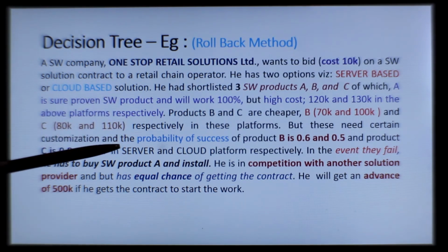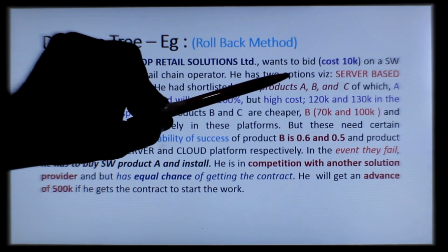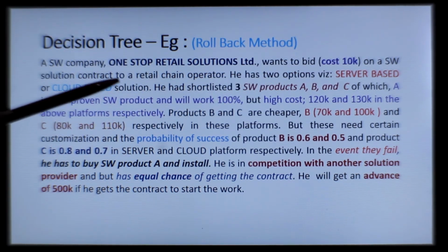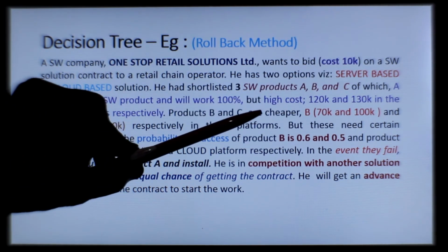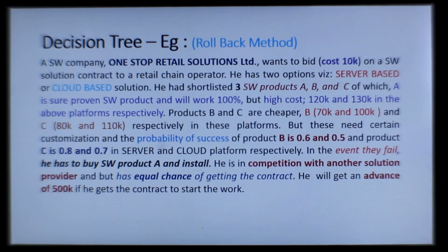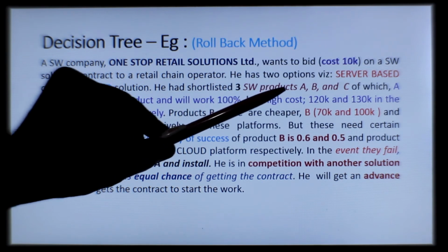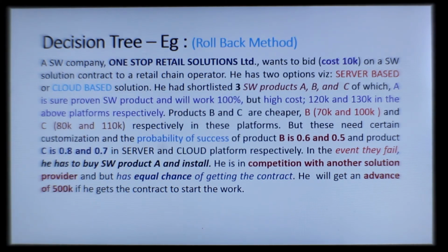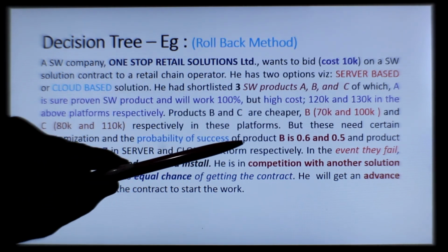Now to quickly explain, One Stop Retail Solution is a software company and it wants to bid for providing a solution to a retail chain operator. The cost of the bid is given as 10K and it has a choice, either server based or cloud based, and a choice of three products A, B and C, where A is a 100% sure shot, but a bit costly, whereas B and C need customization.